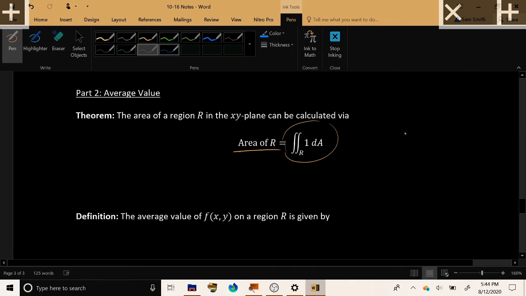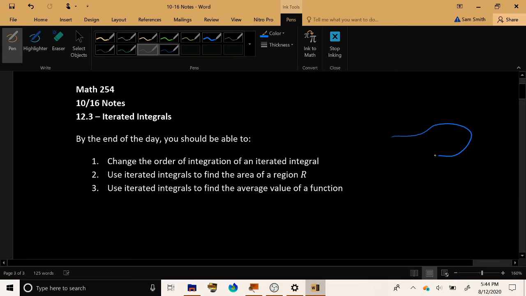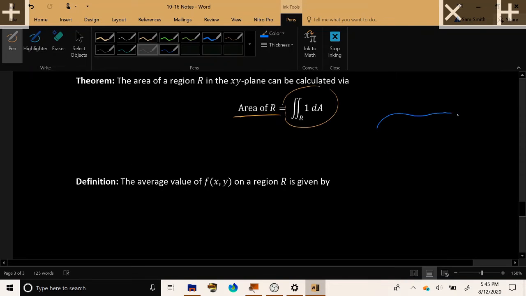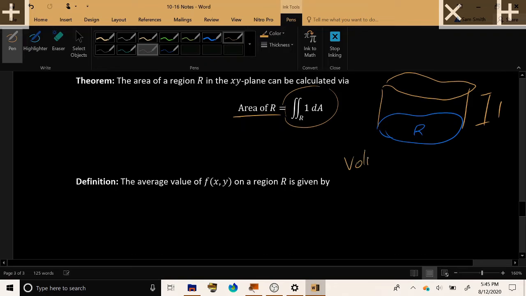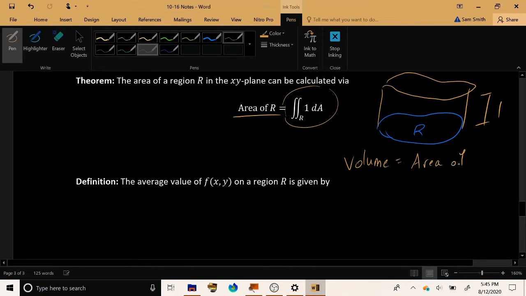And just for a vague explanation of why that's true, if I draw the region R down here at the xy plane, and I consider a function of constant height 1, then the volume is going to be equal to area of R times the height of 1.